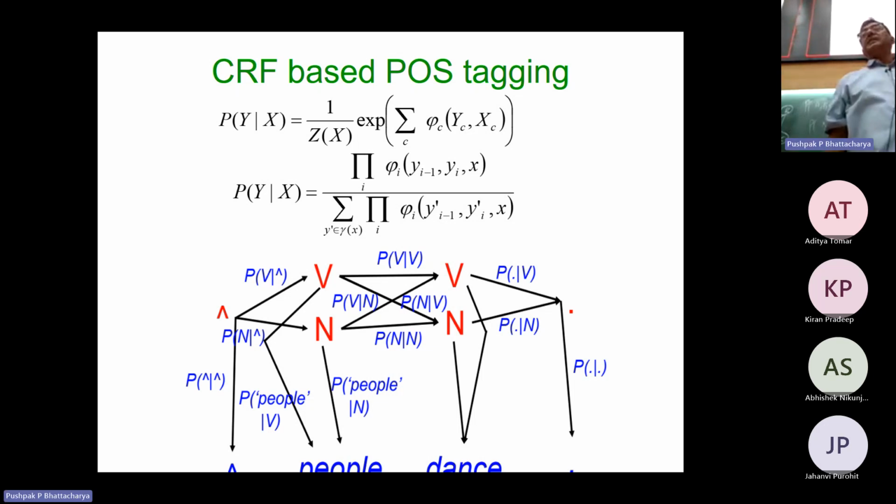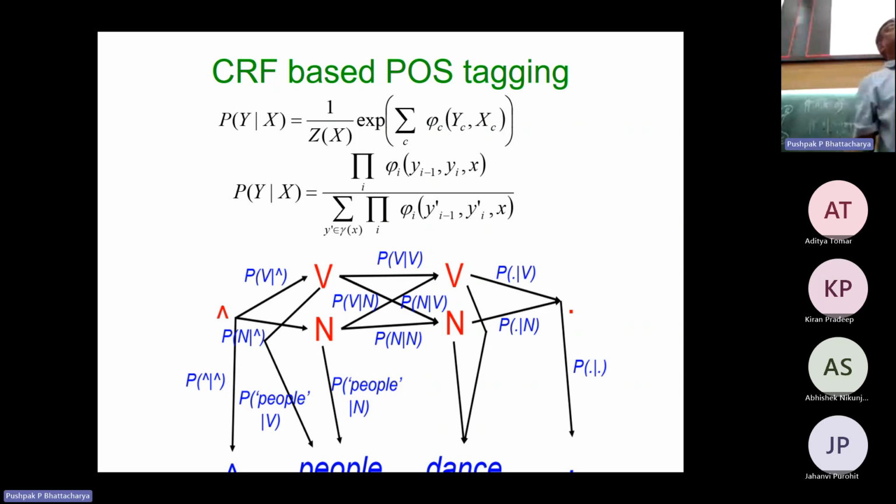Okay, and x is the input. y i is the label at position number i. y i minus 1 is the label at position number i minus 1. So this is considering labels of adjacent positions, and the input string, and psi i is the potential function at every position.